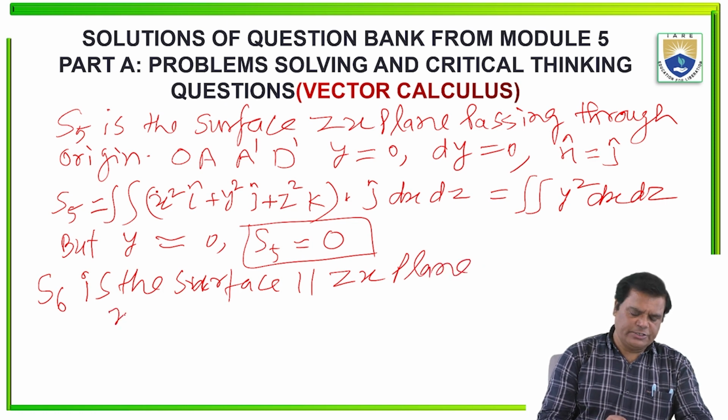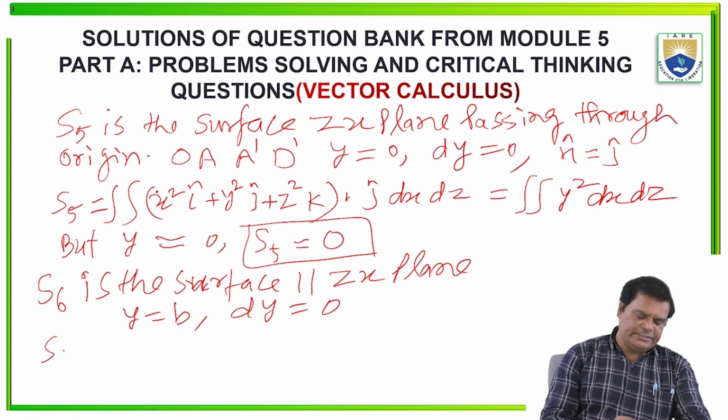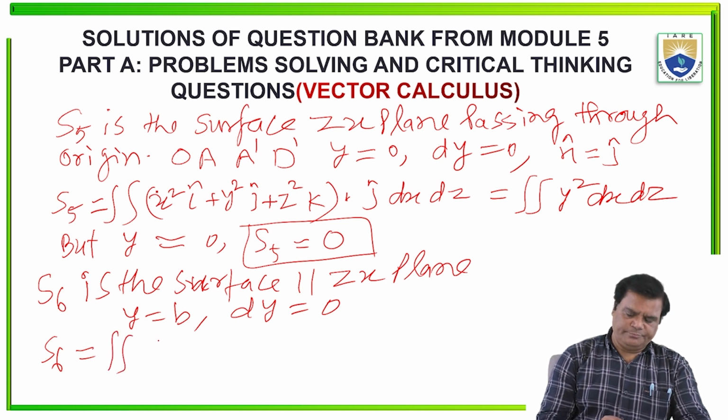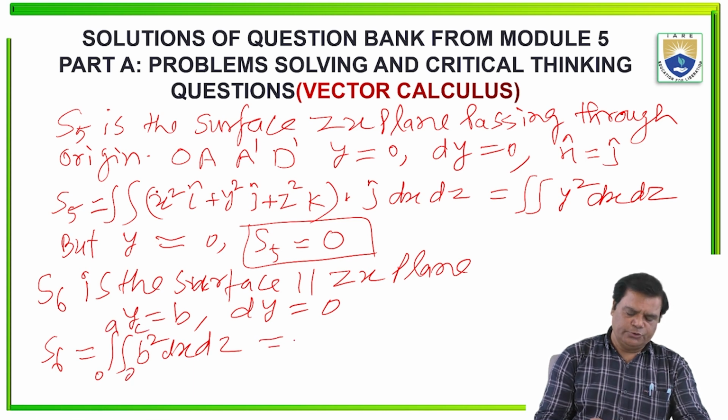So here y equals b, and dy equals 0. So writing the same result, S6 equals the double integration of y square, where y is b. So here b square dx dz, with x from 0 to a and z from 0 to c. After integrating, we get b square ac.